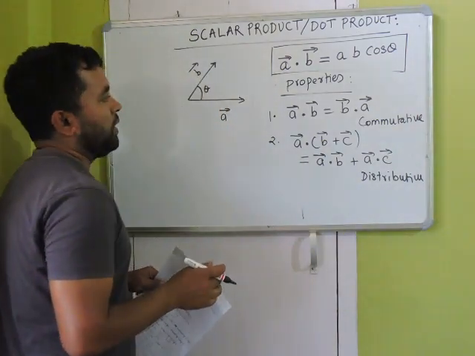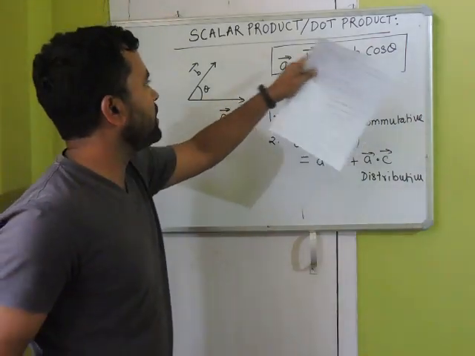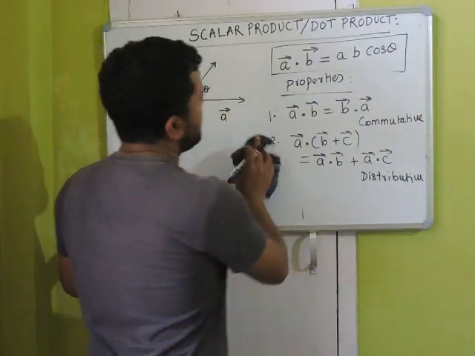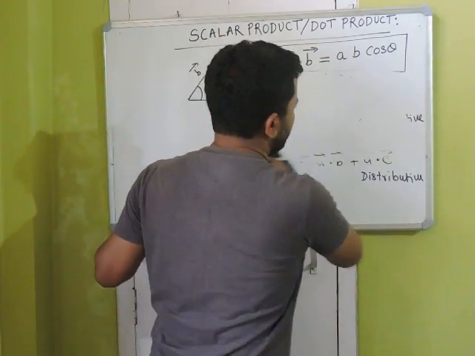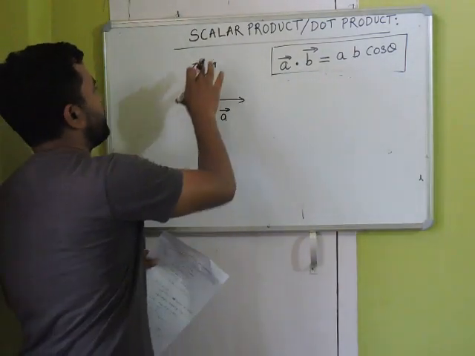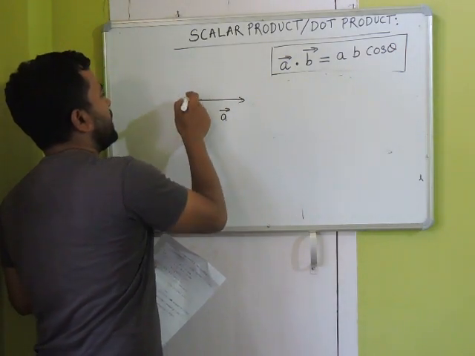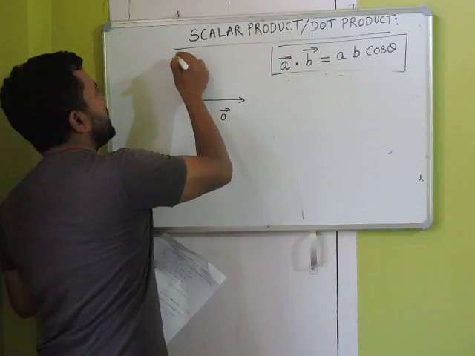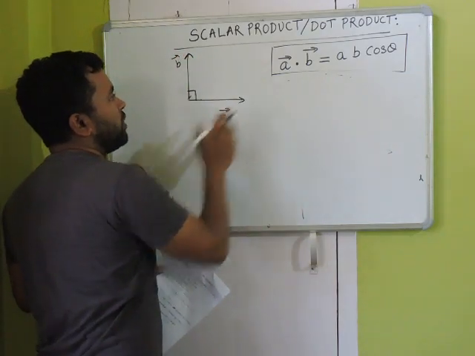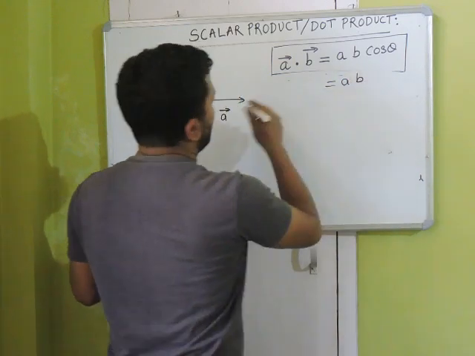Now let us see what is the use of this. If A and B are perpendicular, suppose this angle is 90 degrees, what will be A dot B? A dot B will be AB cos 90.